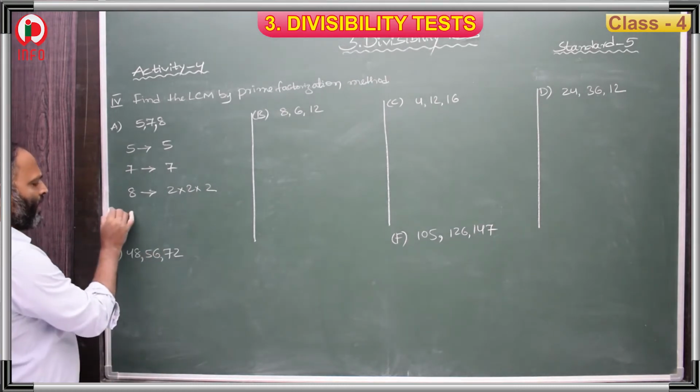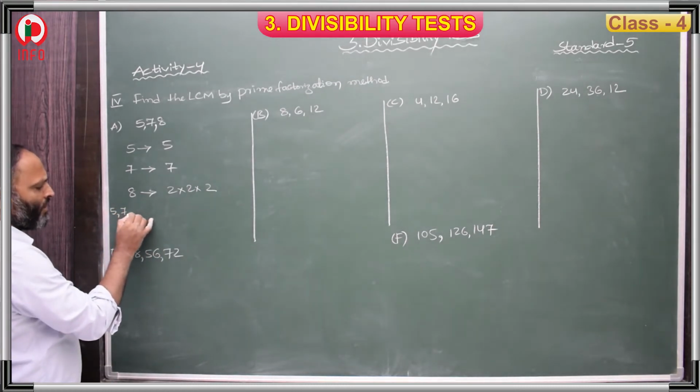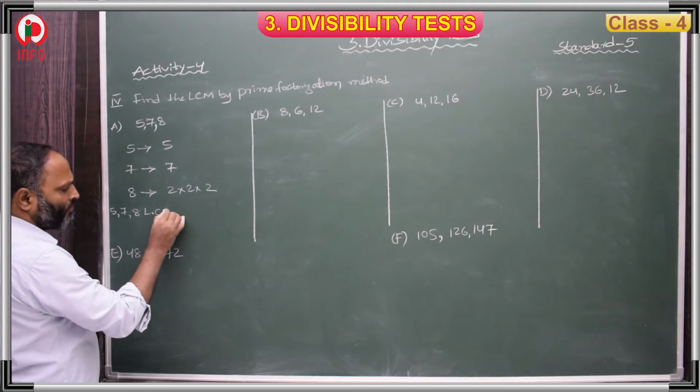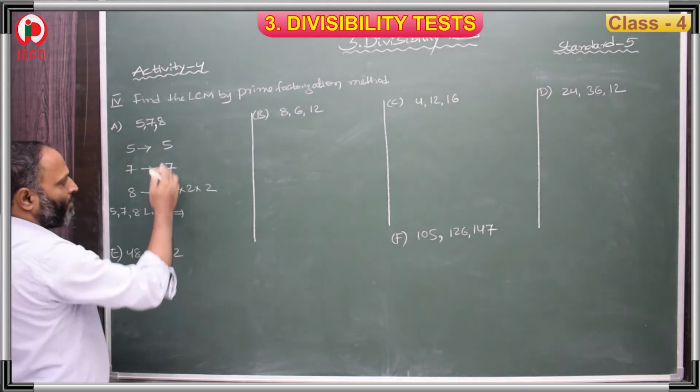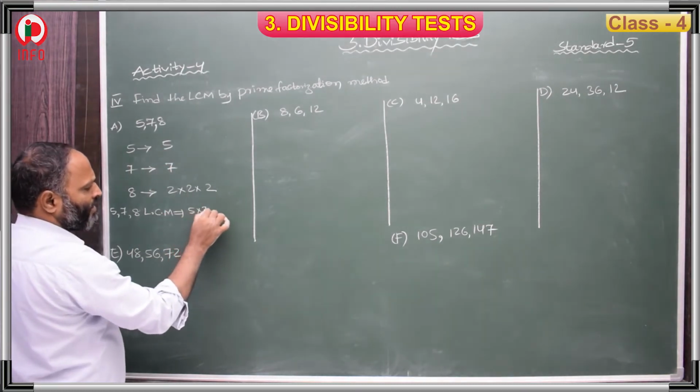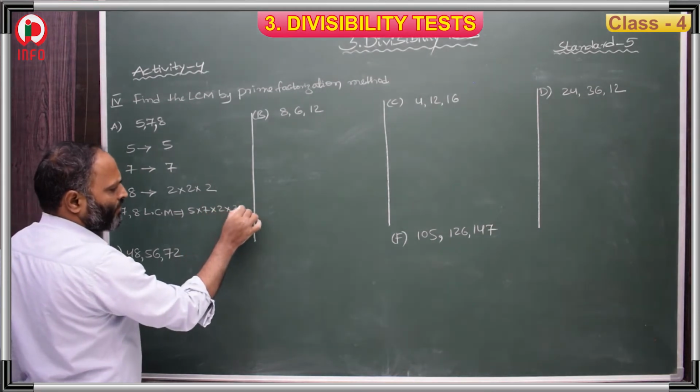Then 5, 7, 8 LCM: we have to multiply all directly. 5 into 7 into 2 into 2 into 2.